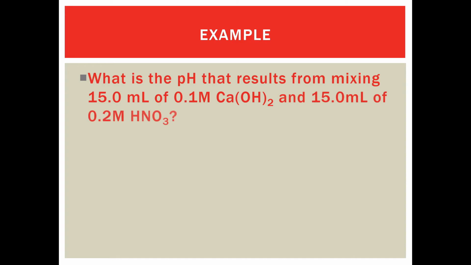This one's interesting because we're using calcium hydroxide, and it's an interesting strong base, not like sulfuric acid, which was a really interesting strong acid. So here, the calcium hydroxide will actually do something different than what we would have expected.